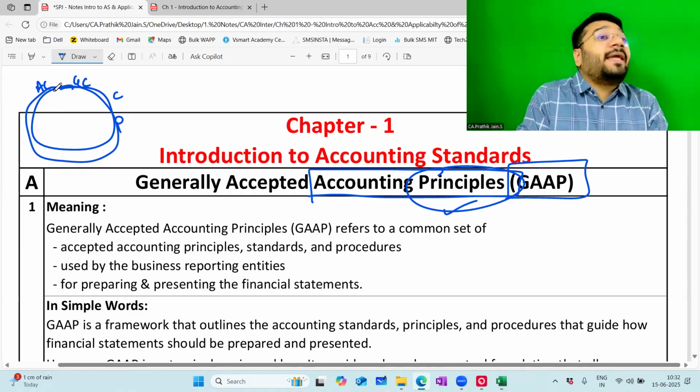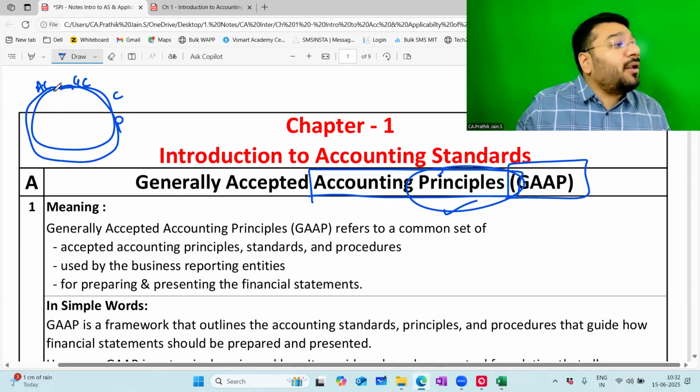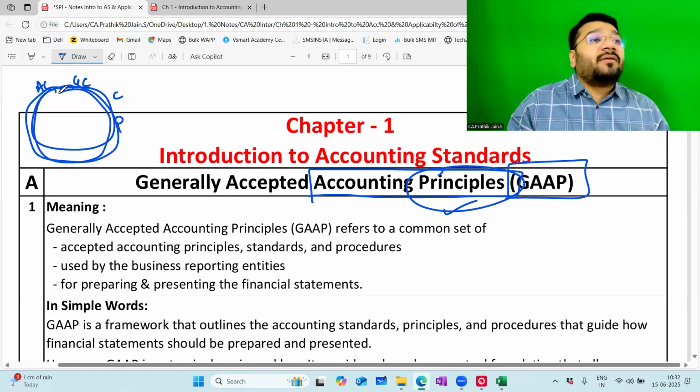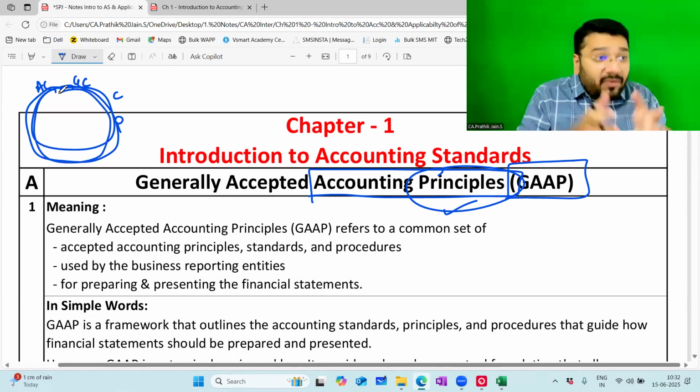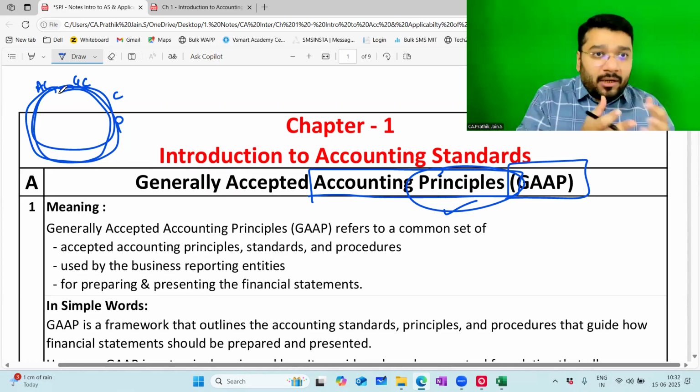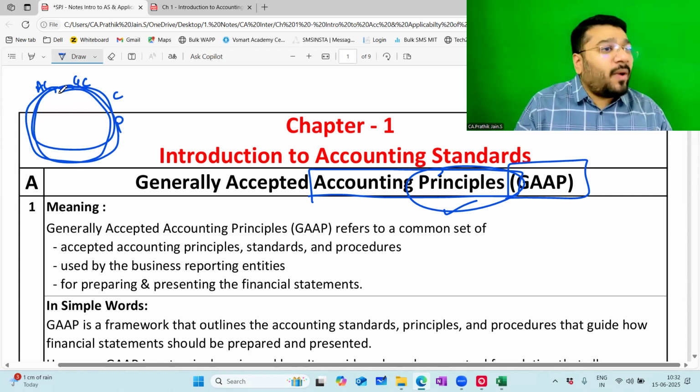Whatever suits, accordingly you can modulate your accounting standards. Correct? So GAAP is basically a boundary, an outline, a framework within which every country needs to develop their own standards. You can adopt whatever GAAP says as it is, and wherever required, you can do the modulation.